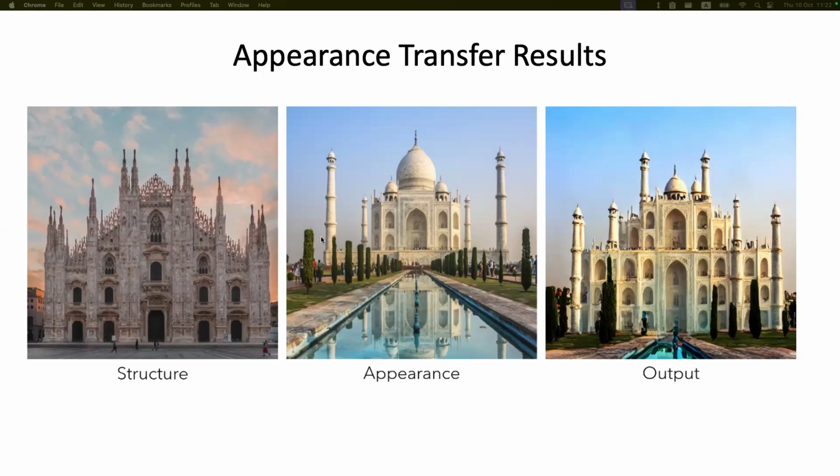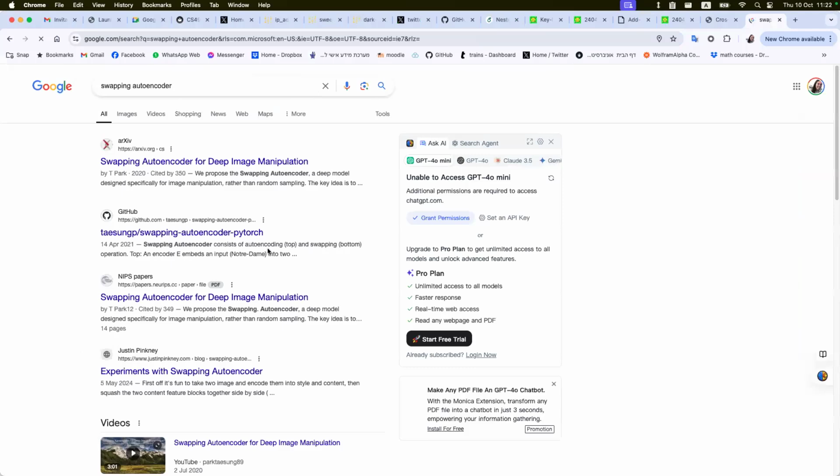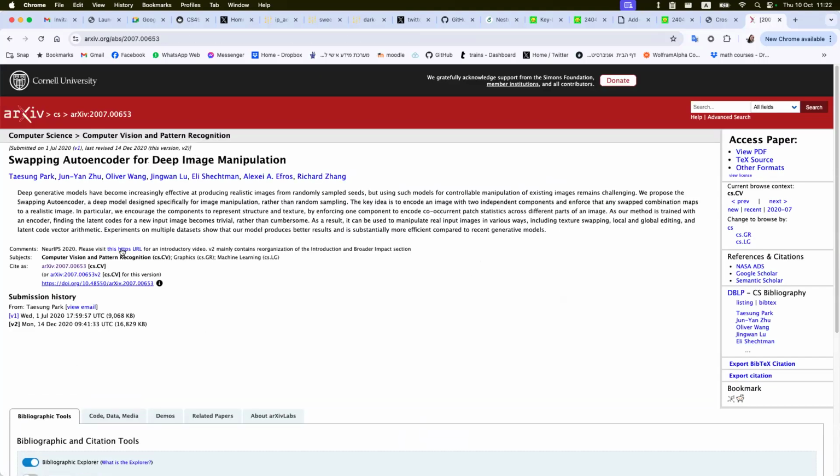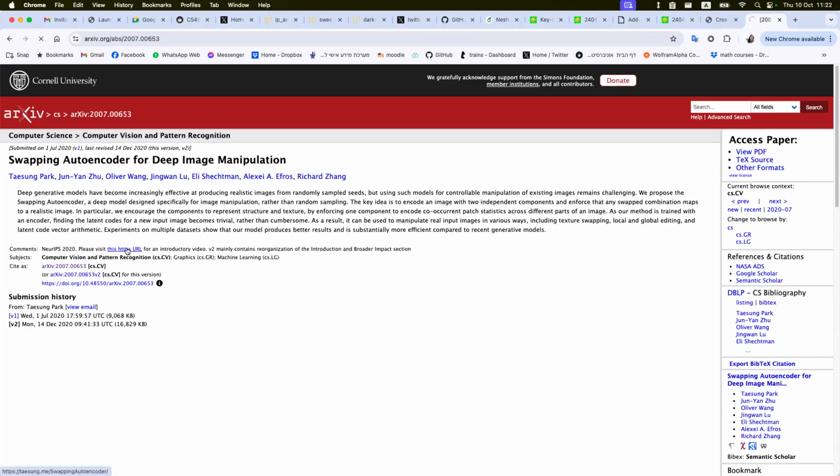An inspiration that we had for this work, the place we started from, is a paper, not a very new one, called Swapping Autoencoder. Here they did a similar task with GANs. So I think there is always a way to do things.